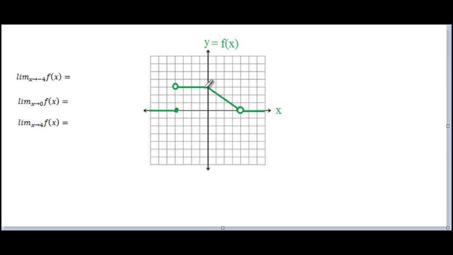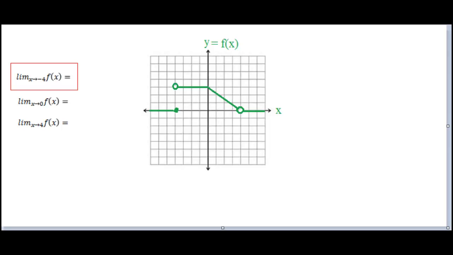So then it sails along and then it descends for a little while. Then the function entirely leaves out the point x equals 4 and then goes on its merry way at y equals 0. So let's look at the problem, what happens when x goes to -4.